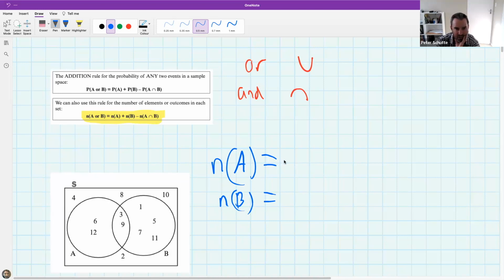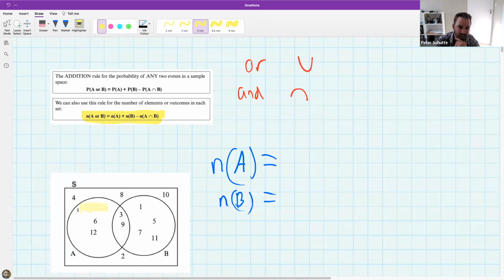Tell me what you think in the chat. What is the N of A? How many items are there in the event A? How many items are there in the event B?